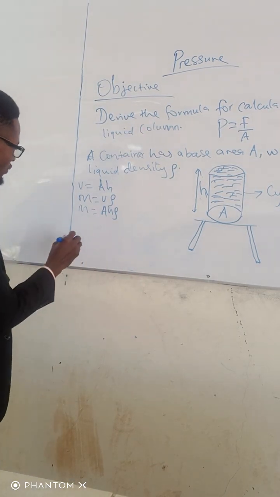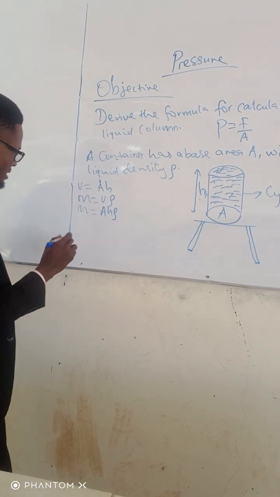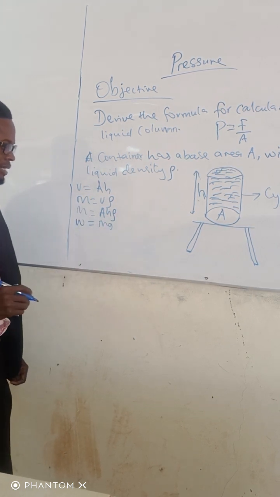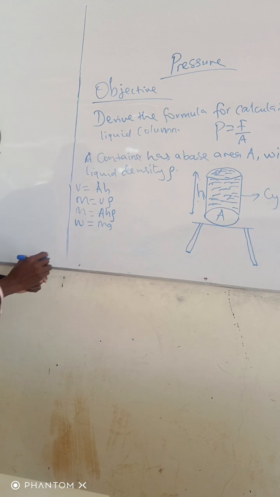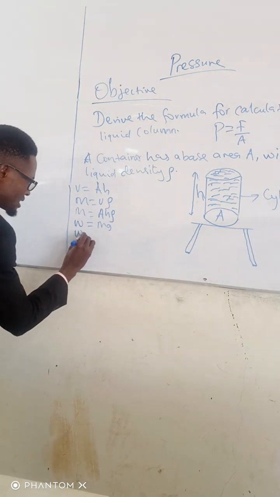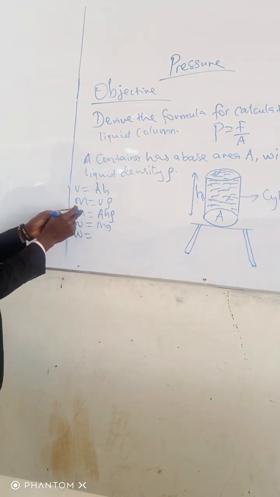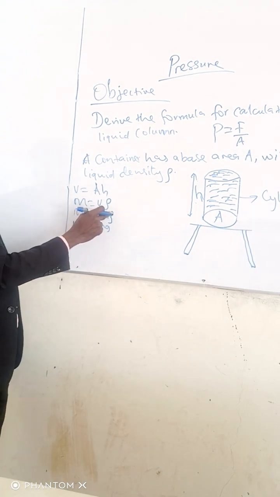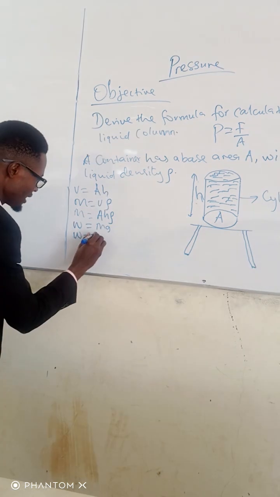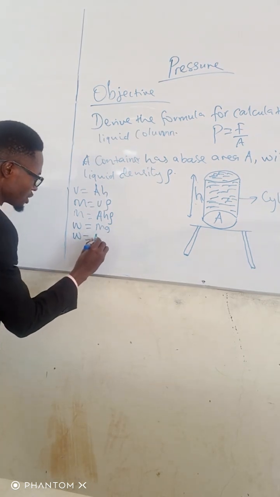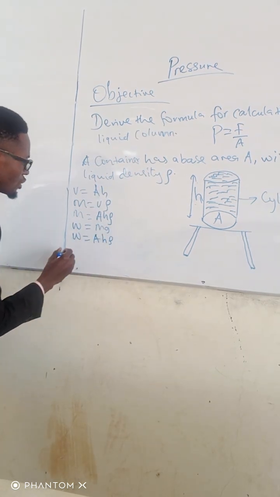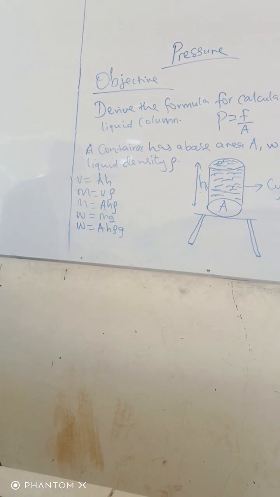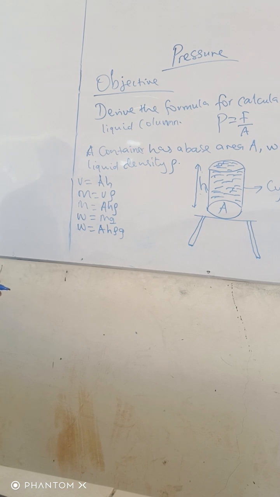But we know from the definition of our last class that weight is given by mg. Therefore, weight is equal to, our mass is no longer m, it is now area multiplied by height multiplied by rho, then multiplied by this g, which is acceleration due to gravity. Are we together, class?